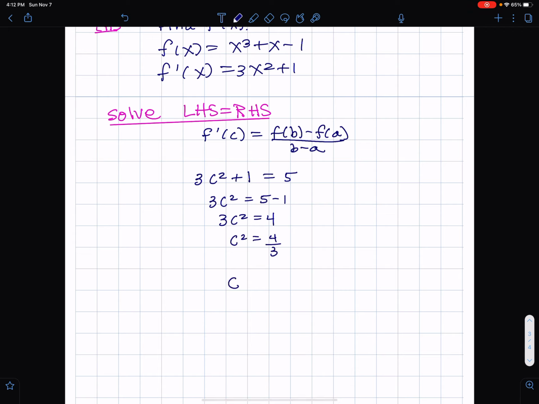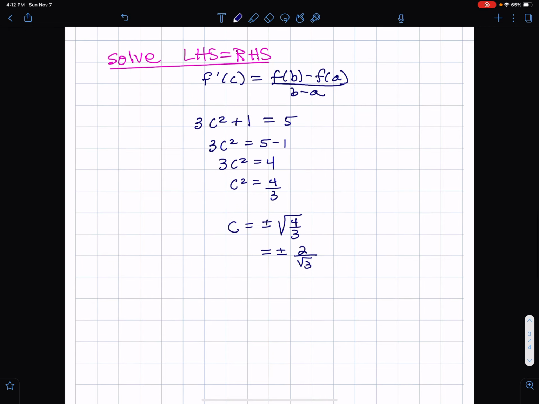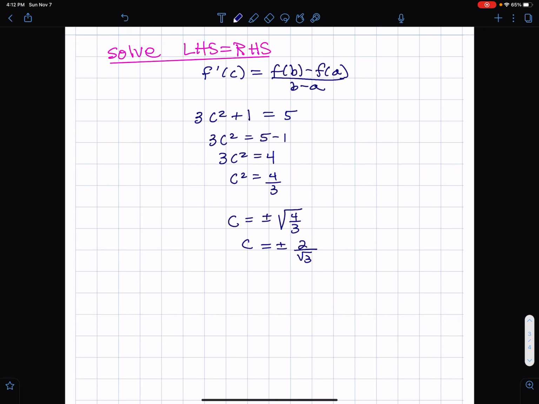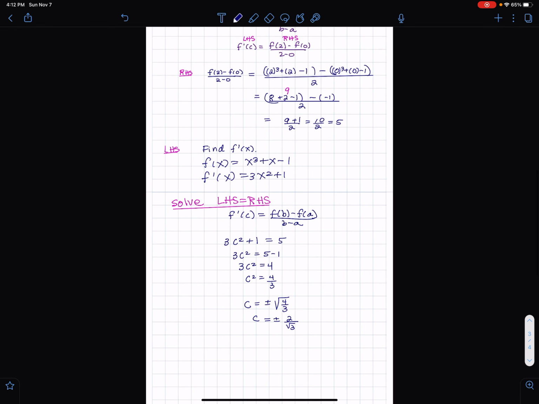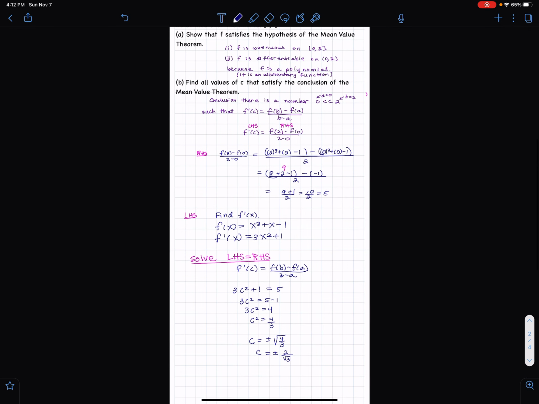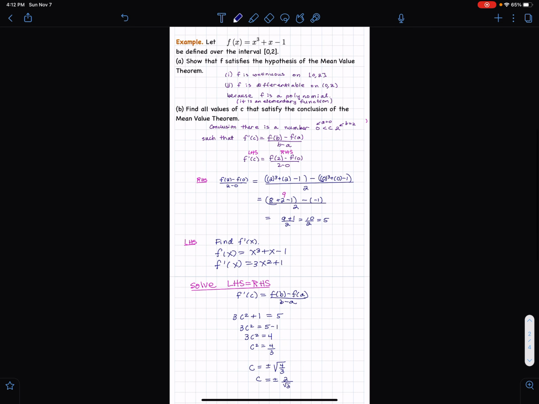Then c is equal to, be careful, plus or minus the square root of 4/3, which is equal to plus or minus the square root of the numerator, which is 2, over the denominator, 3. Some people say I don't really need to rationalize the denominator, but that's sort of a new thing. We used to always have to rationalize the denominator when I was a kid. Another thing is we're only looking in the interval from 0 to 2.